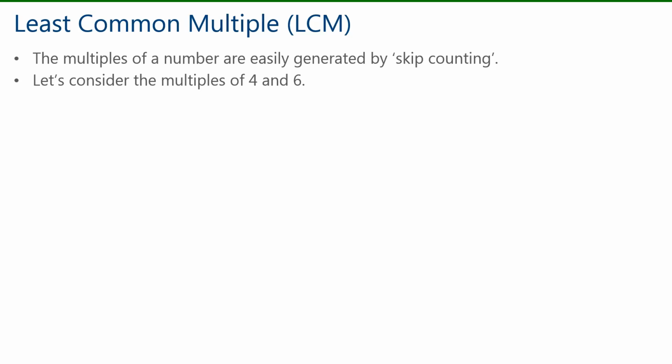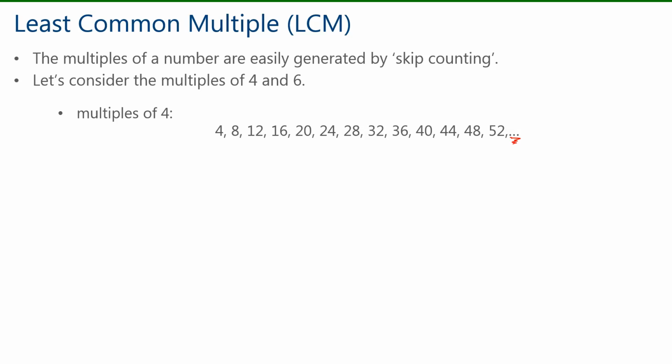So we're going to consider right now the multiples of 4 and 6. So the multiples of 4. I start with 4, 8, 12, 16, 20, 24, 28, 32, 36, 40, 44, 48, 52, and I could keep going, and that's why we have the ellipsis there.